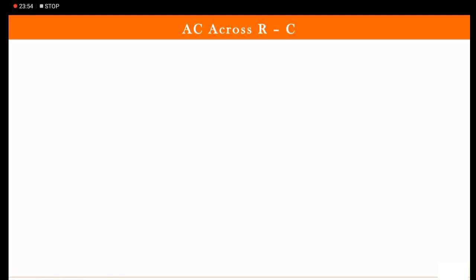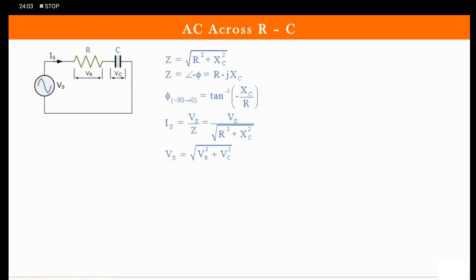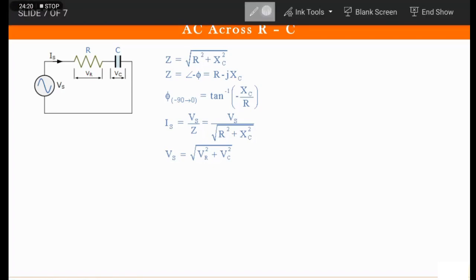Now let us see what happens when AC is applied across R and C. So here you have this. Again we have everything the same. So it is square root of R square plus XC square, but the phase is going to be minus. Now I'll tell you how this phasor diagram will look. This is VR and here is my VC.